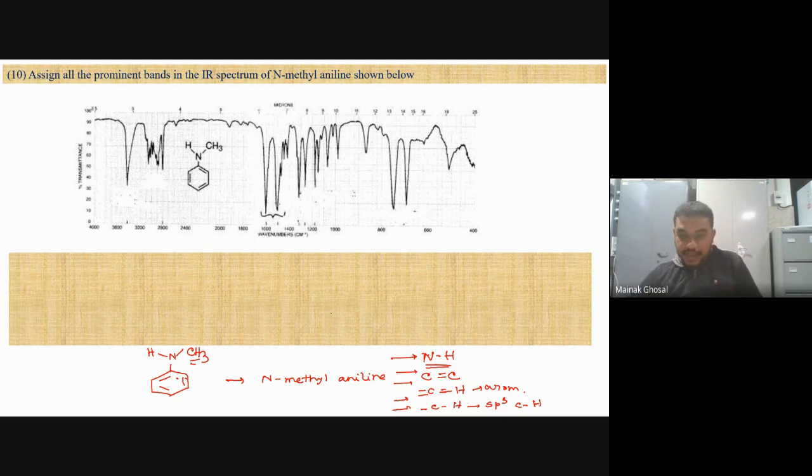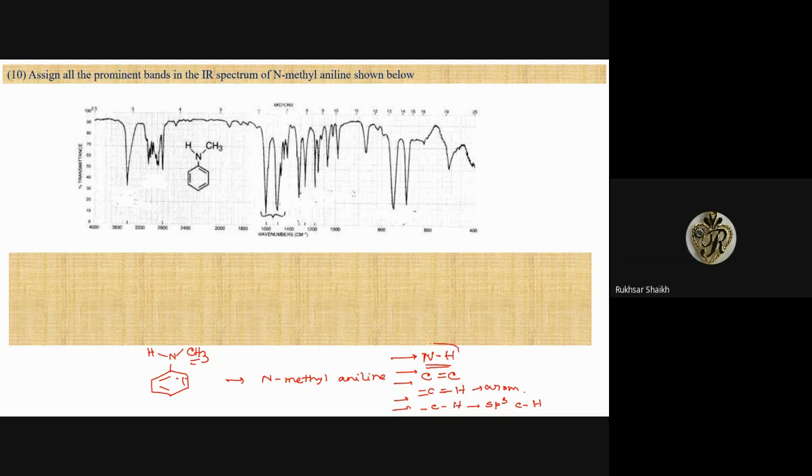So first coming to NH, where do you expect NH to be found? Beyond 3000, somewhere around 3000 to 3500. We have a single peak, which clearly indicates a secondary amine, whereas for a primary amine we will get two peaks.